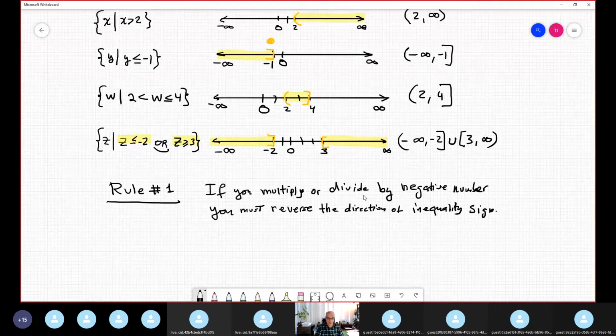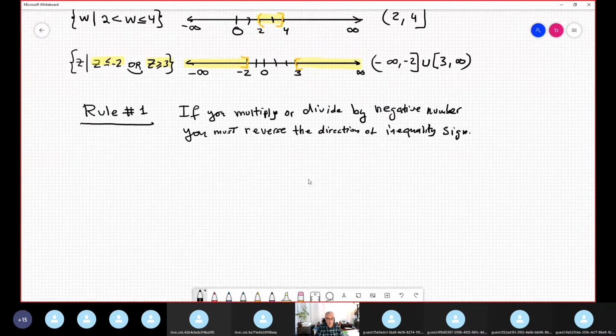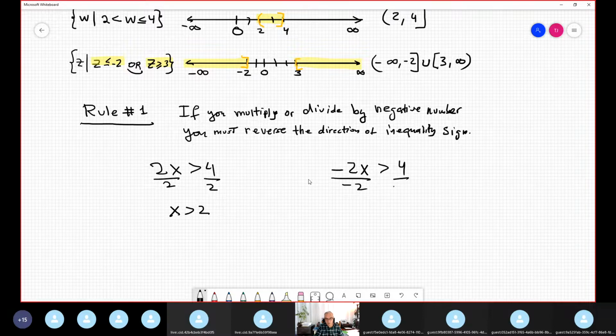Let me illustrate this idea, which is super straightforward. Suppose you have 2x greater than 4 and minus 2x greater than 4. You divide by 2 both sides, similar to the equation, and nothing happens, it stays the same. 4 divided by 2 is 2. However, in this case, you divide by negative 2.